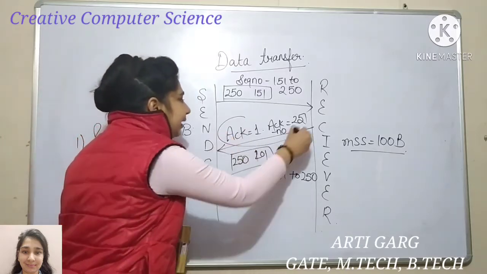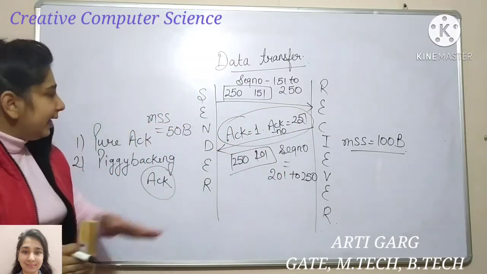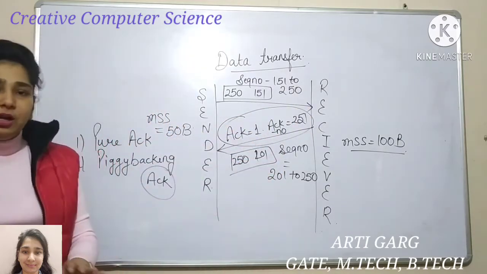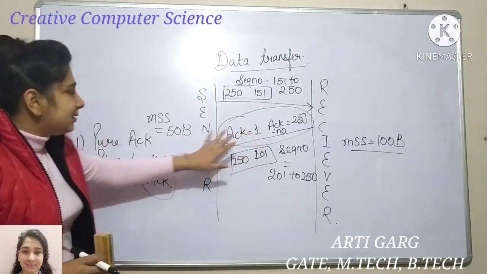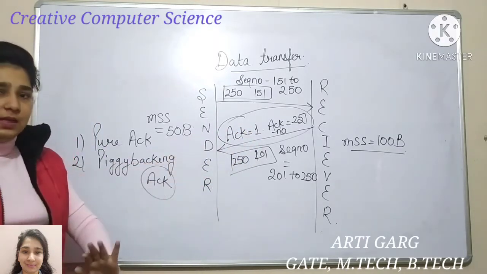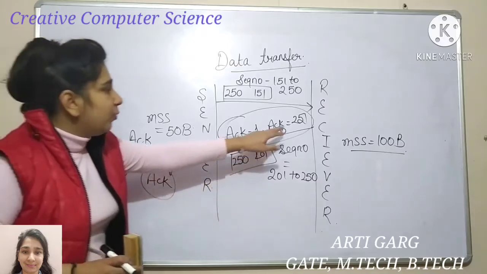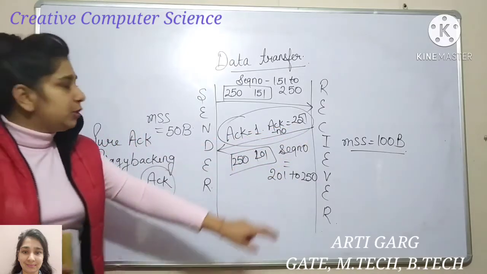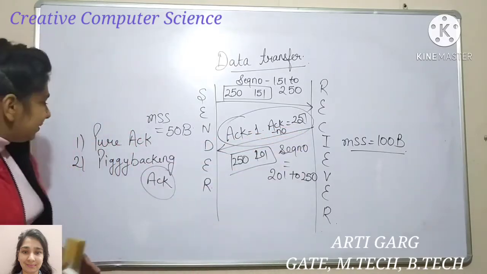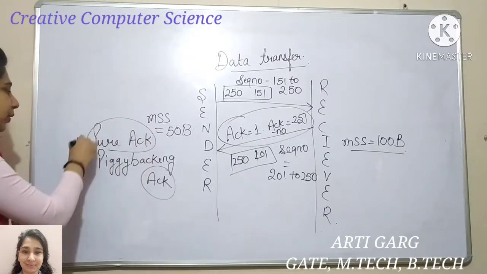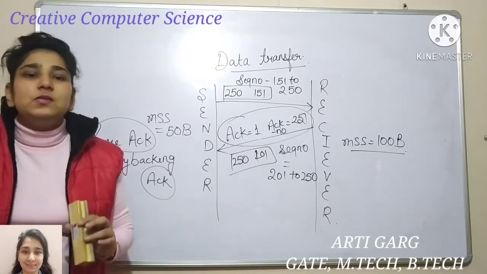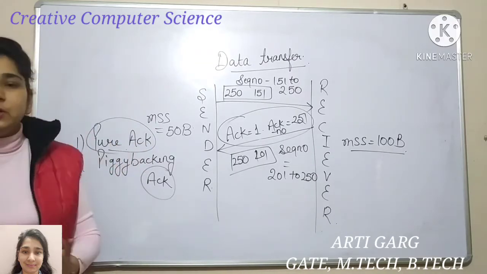You are sending only these two fields, the acknowledgement bit and the acknowledgement number, saying to the sender that I have received your message, now please send me the next byte, 251. So this is a pure acknowledgement.